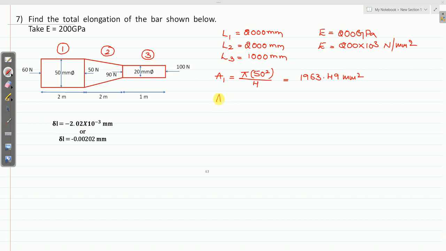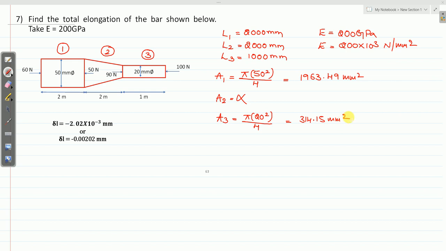Here we don't need A2, so next I will straight away go to A3. Here the diameter is 20 millimeter, so pi into 20 square divided by 4. So A3 you will get 314.15 millimeter square.